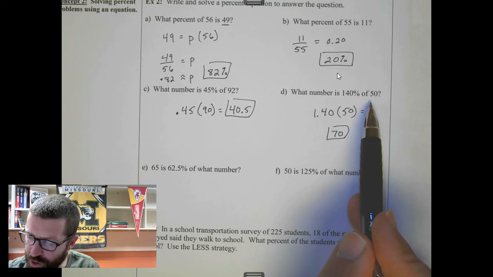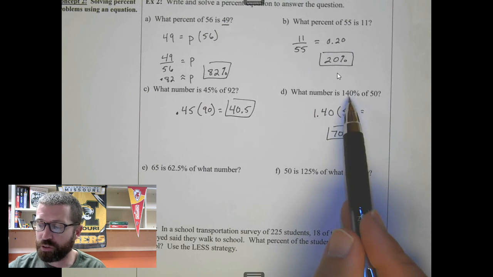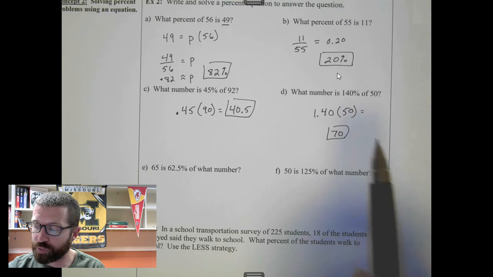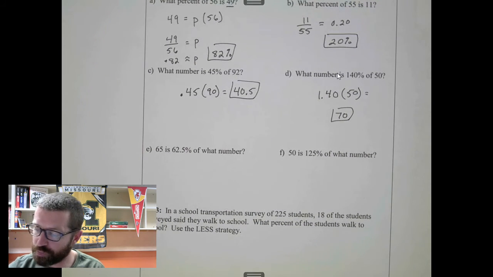And you get 70. So 140%, it should be bigger than the total. And because it's over 100 and it's 40% bigger, that is kind of where that extra 20 comes from.